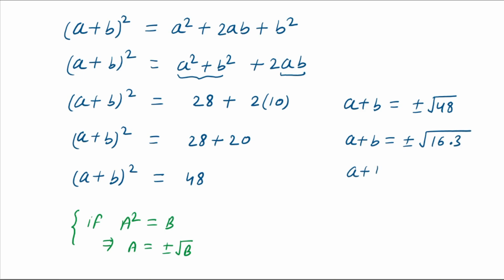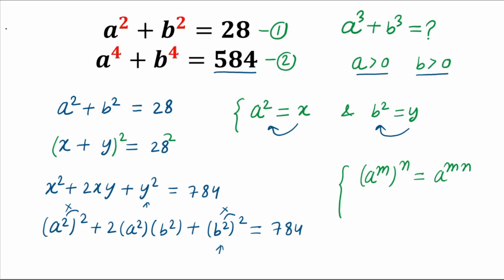That is square root of 16 times square root of 3, so a plus b equals plus or minus 4 times square root of 3. We have two values of a plus b: the first is 4 times square root of 3, and the second is minus 4 times square root of 3.